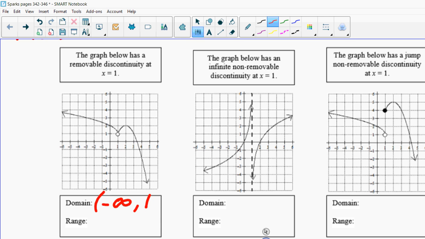Is 1 included in the domain? Nope. And 1 to infinity. Good. So all real numbers except 1. What's the range? The same. Why do we have to leave out y equals 1?